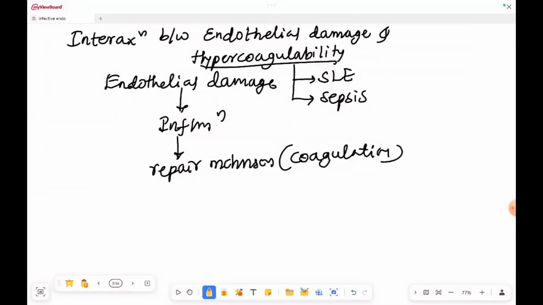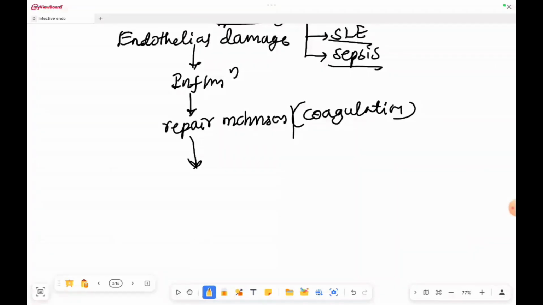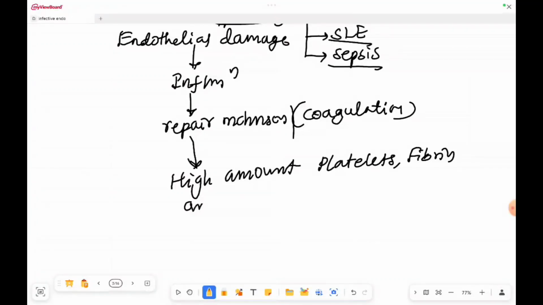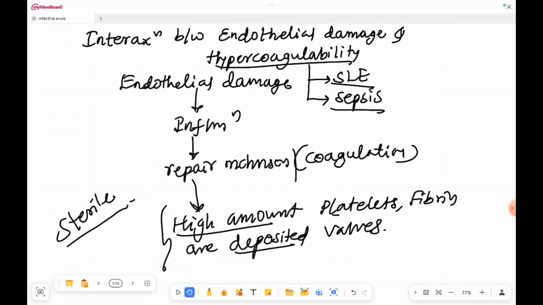In individuals with SLE and sepsis, where there is a hypercoagulable state, a high amount of platelets and fibrin are deposited on the valves. As this deposition is devoid of organisms, it is sterile.